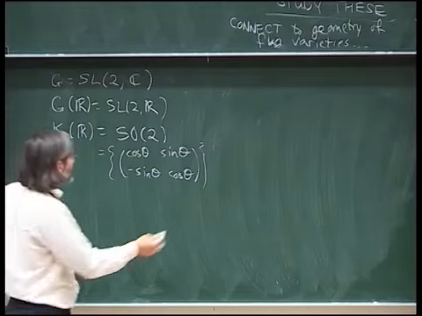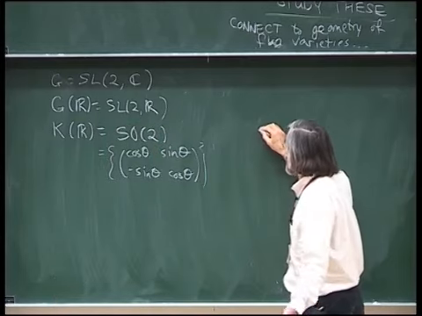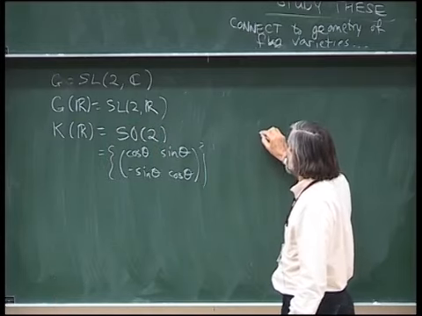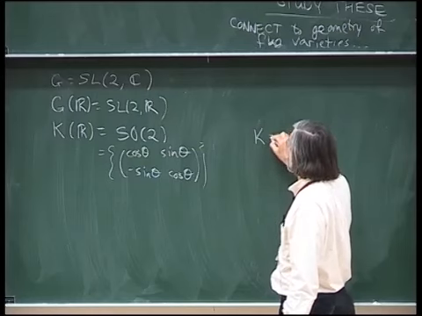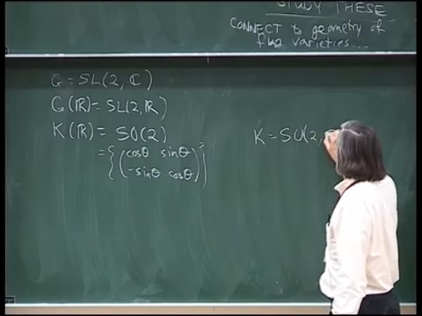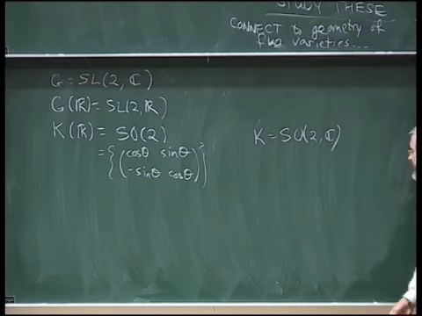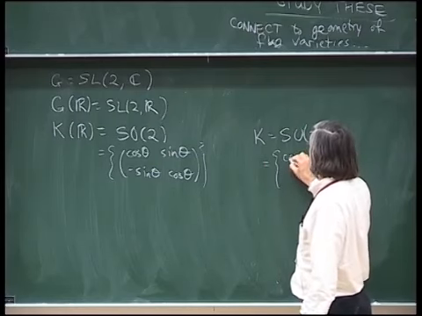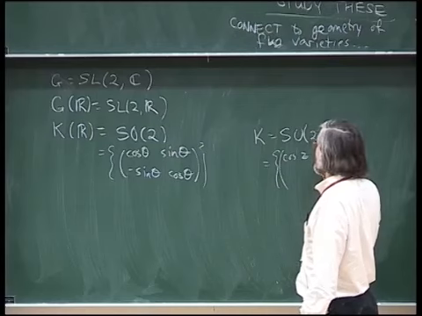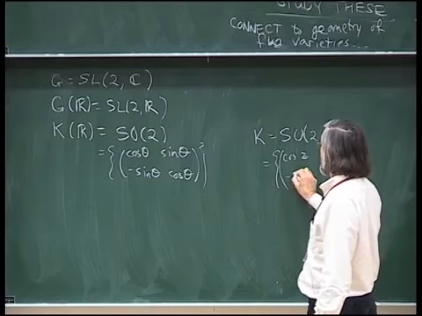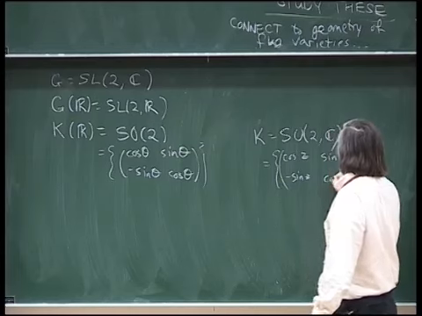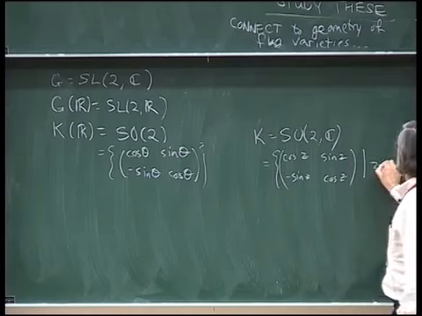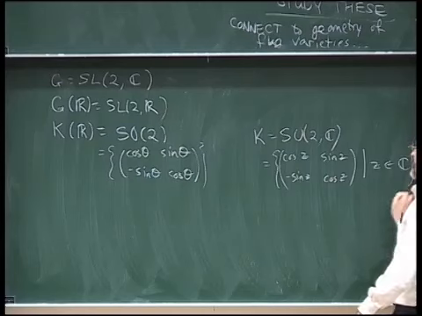And the corresponding complex version is SO2C. Well, so I could write cosine z, sine z, for z a complex number.